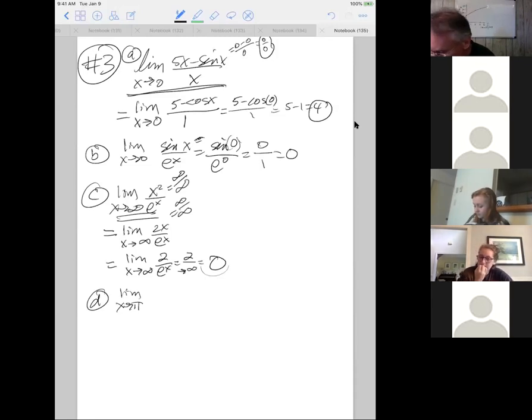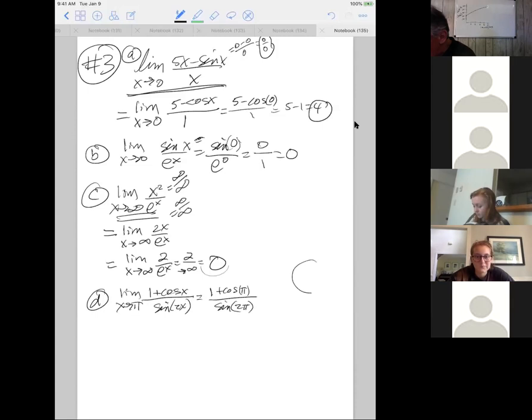Okay, let's do D. D was the limit as x goes to pi of 1 plus cos x over sine 2x. All right, so here's the situation. You plug it in, let's see what we get. As x goes to pi, we get 1 plus cos pi over sine of 2 pi. Now get on the unit circle.